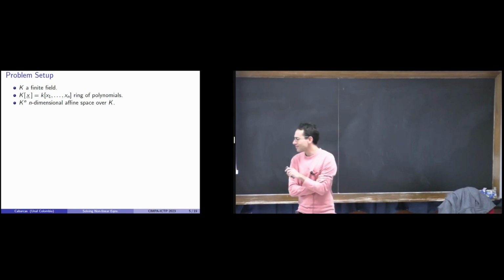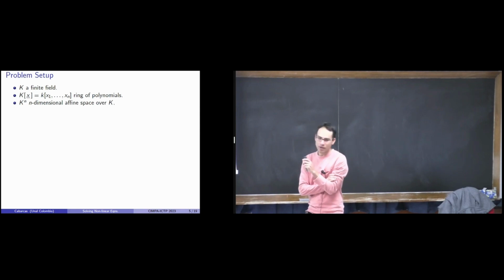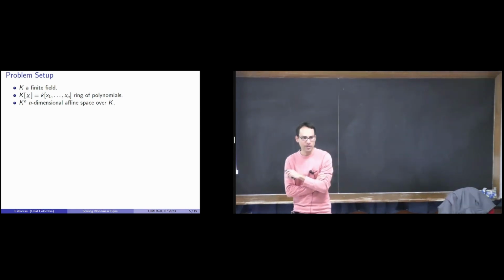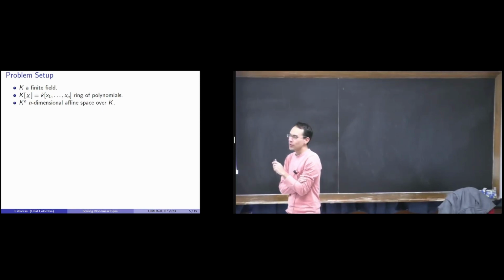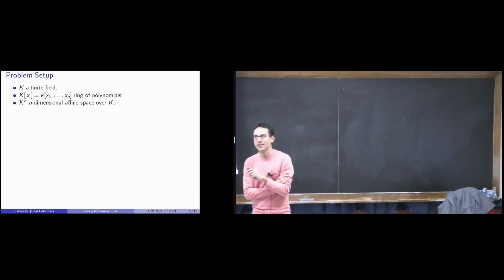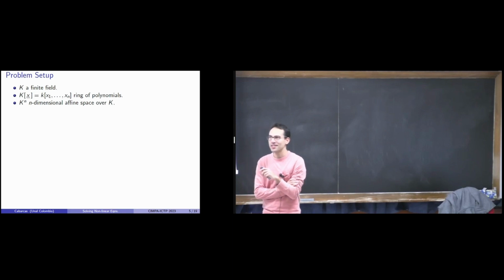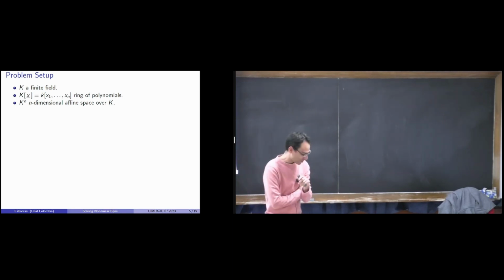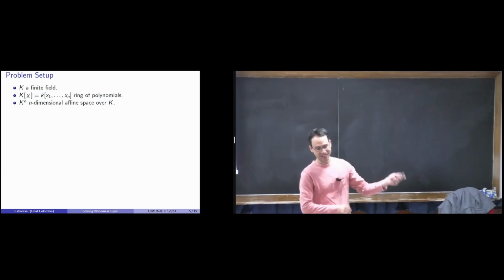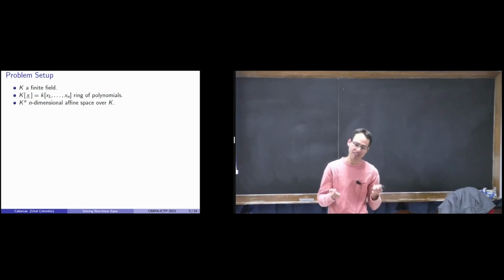So we're going to be interested in doing this over a finite field. So capital K is going to be a finite field. Of course, you can work over any other field, but solving over the complexes is much easier in a sense.